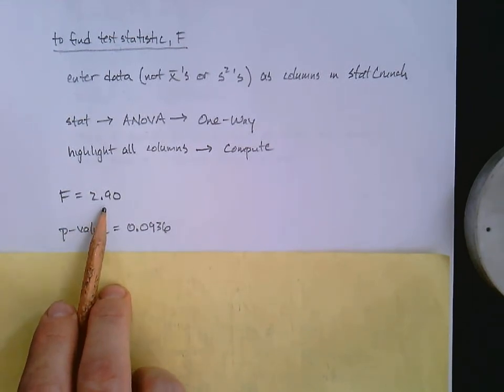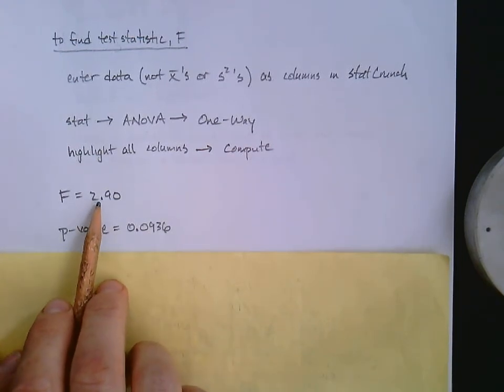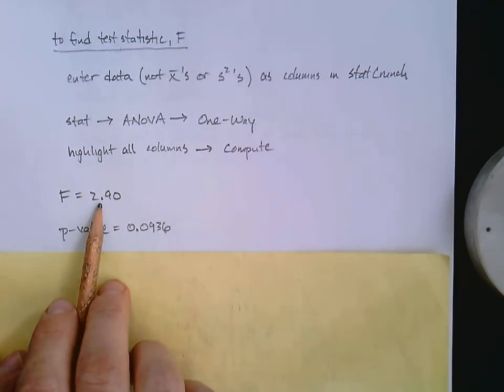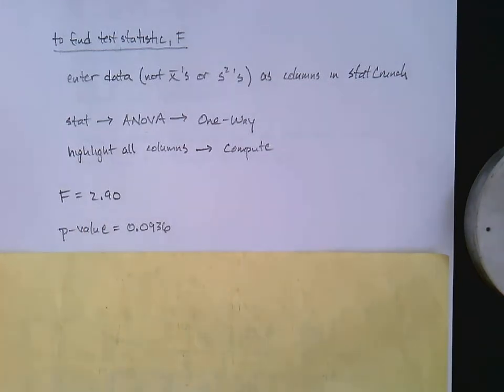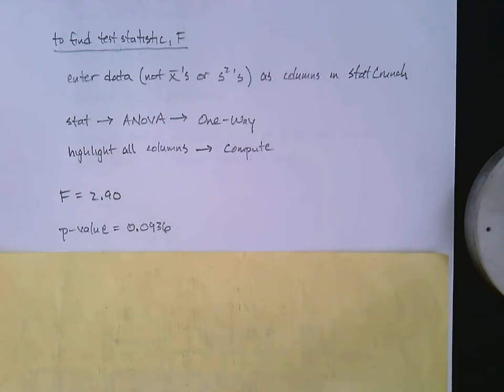Now remember, what's going on with F? If F is close to 1, then that's kind of what we expect. That's our assumption, that F is going to be pretty close to 1. So the further away it gets from 1, the more likely it is that one of these means is actually different from the others. Now the variances obviously play a role in that as well.